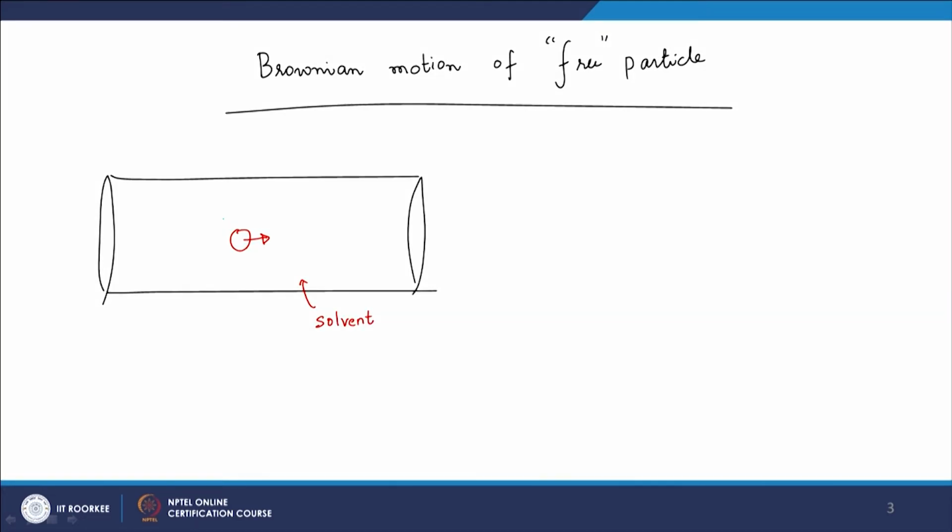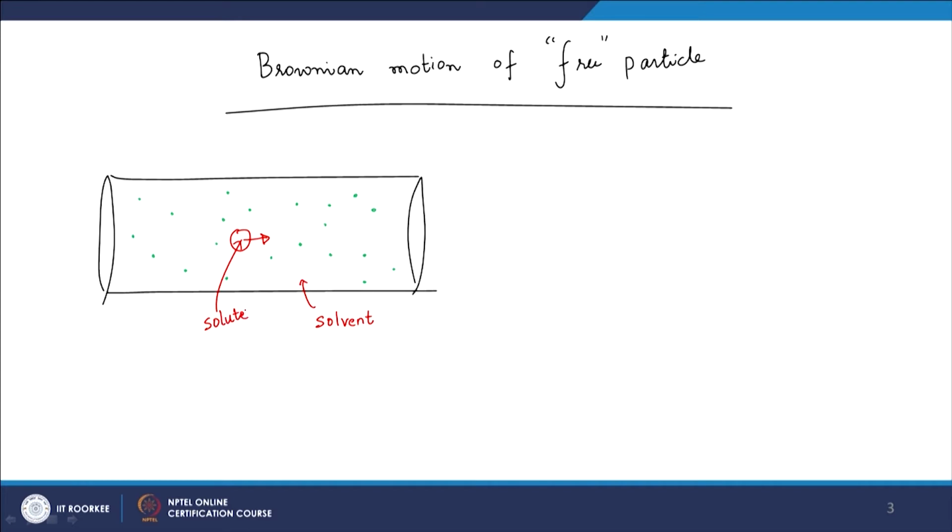So, solvent can be represented, for example, by teeny dots which are much smaller compared to the solute particle, and of course there are many of them, and this is my solute.